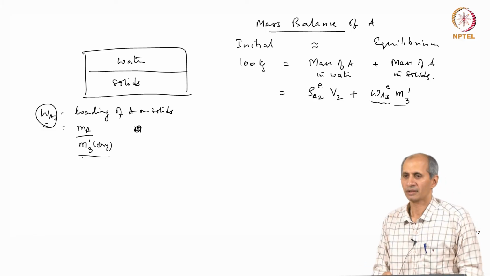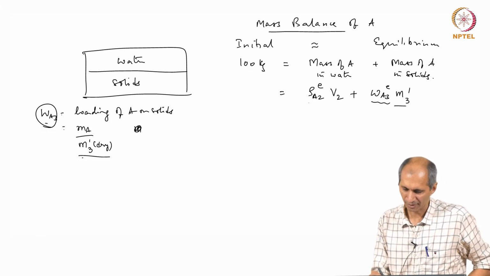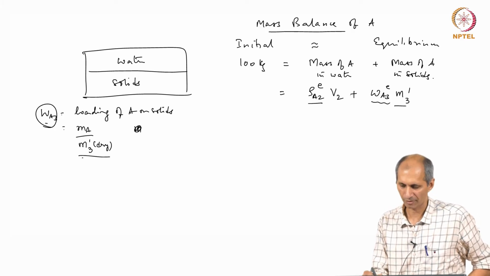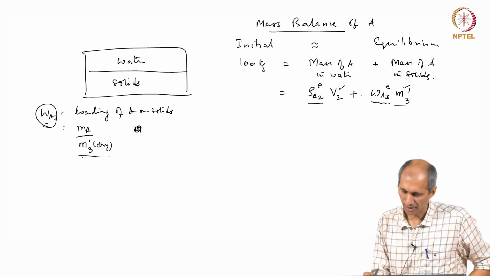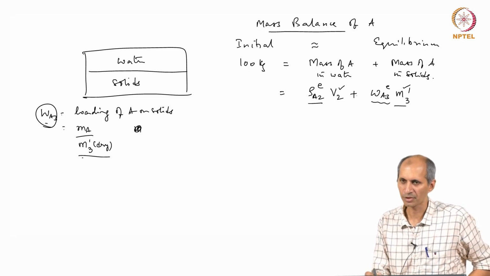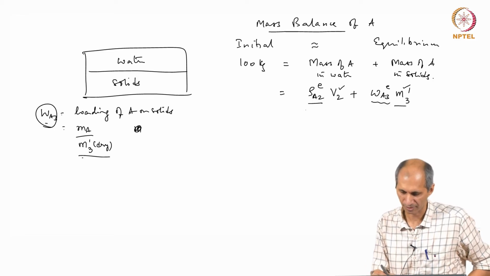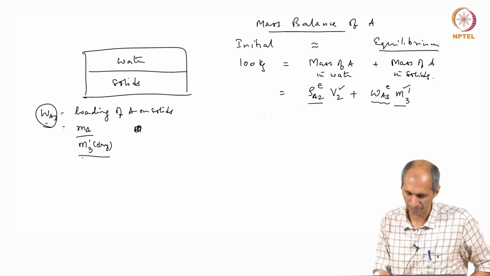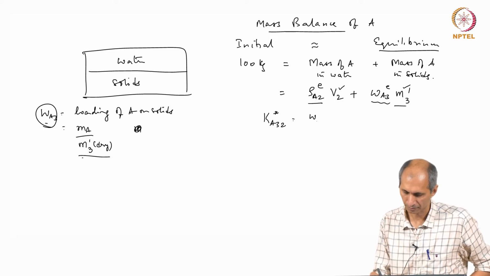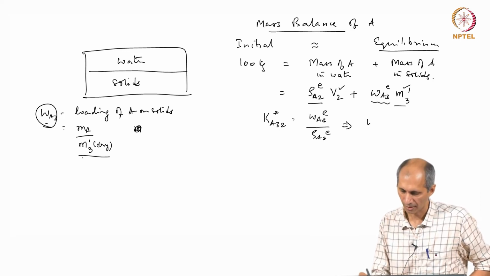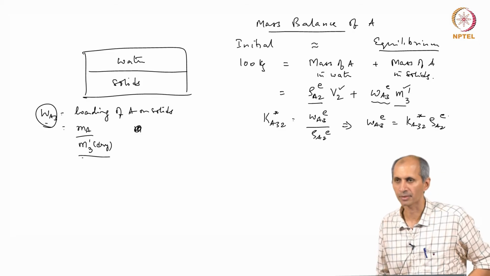Now, we do not know either of these two quantities. We know this, we can calculate this in a minute. But these two are unknowns, which means we need one more equation to fix this. Since we are saying it is at equilibrium, we use Ka32 star equals WA3 equilibrium by rho A2 equilibrium, which means that WA3 equilibrium equals Ka2 star into rho A2 equilibrium.